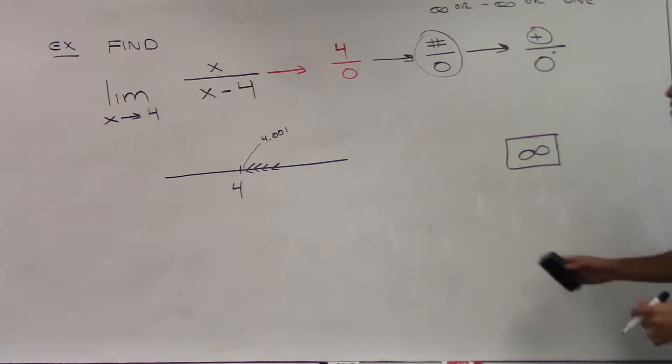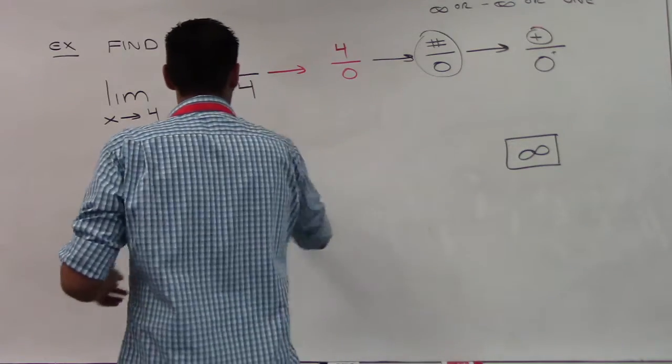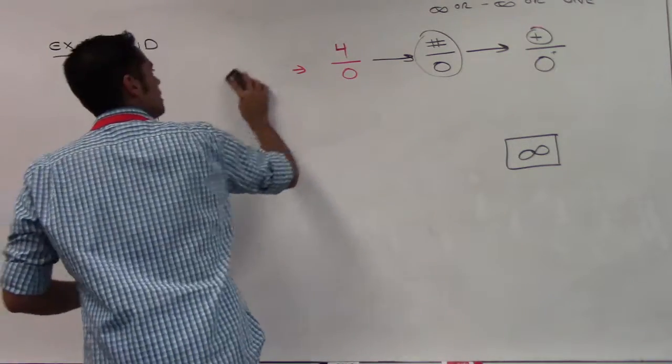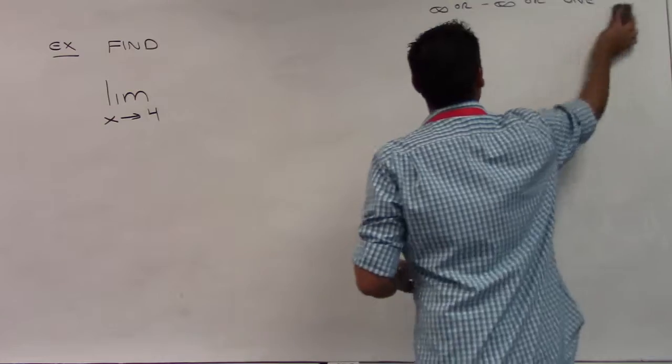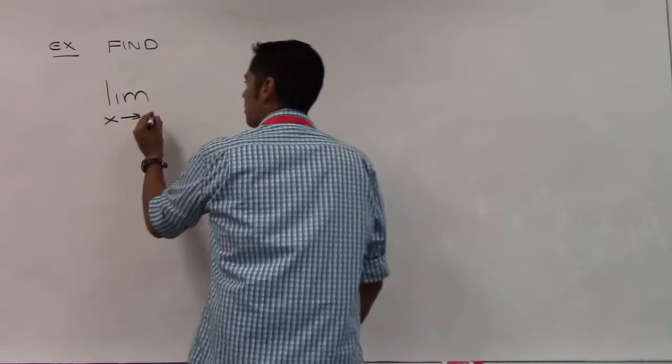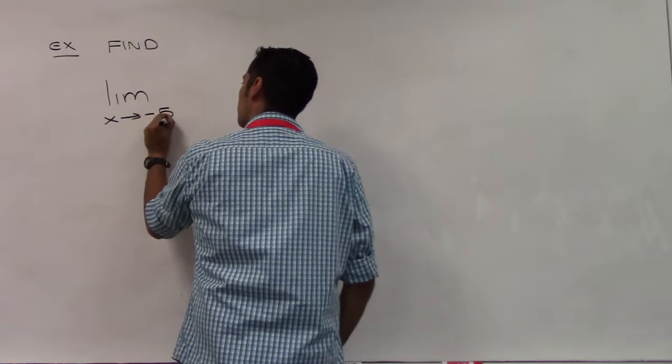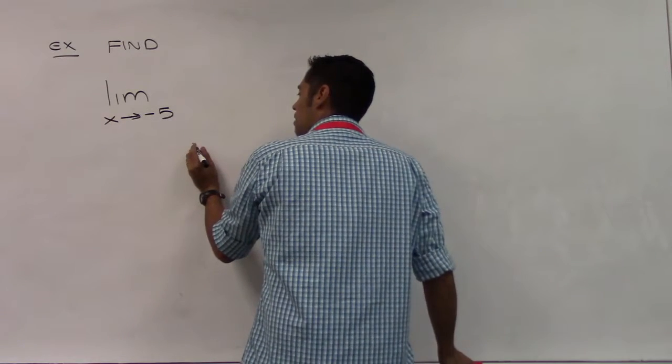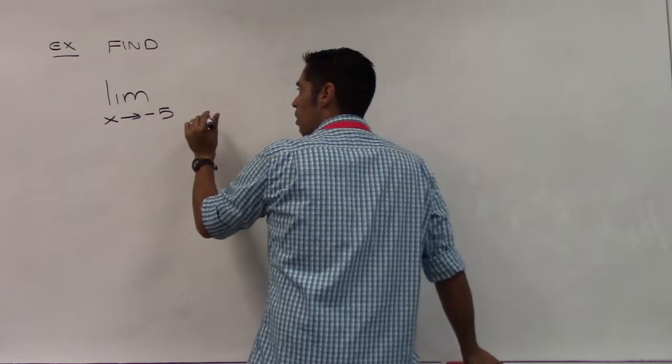Okay, let's do another one that's a little more tricky. Let's change this to the limit as x approaches negative 5, and let's not tell you which side to approach from.